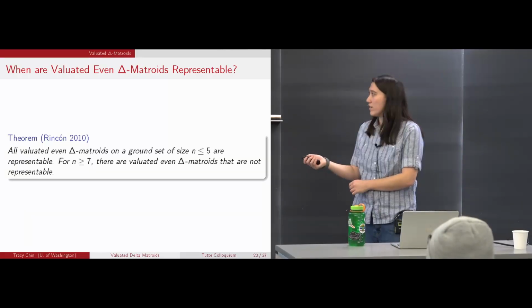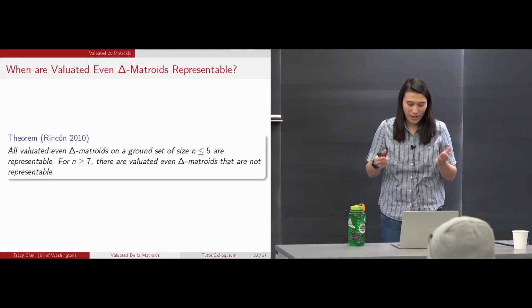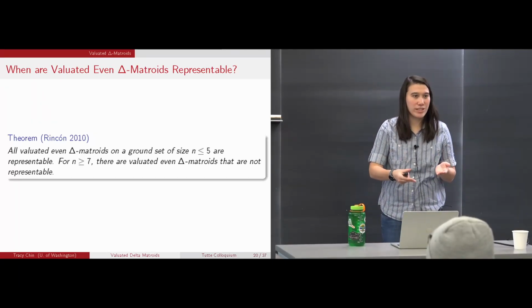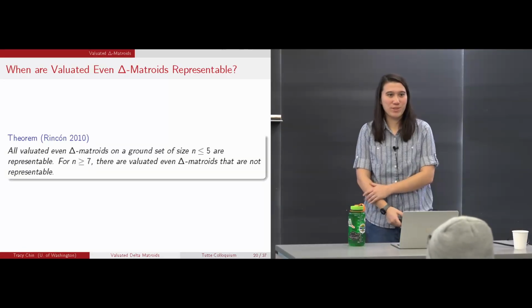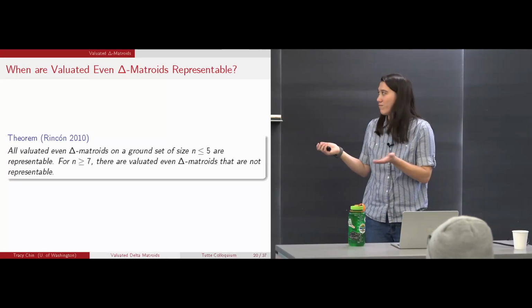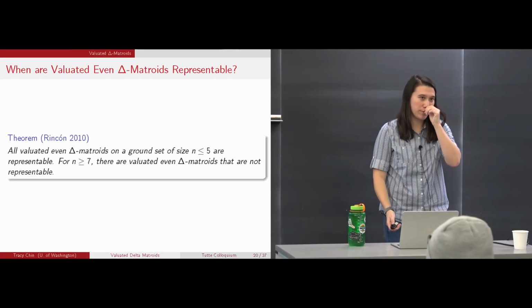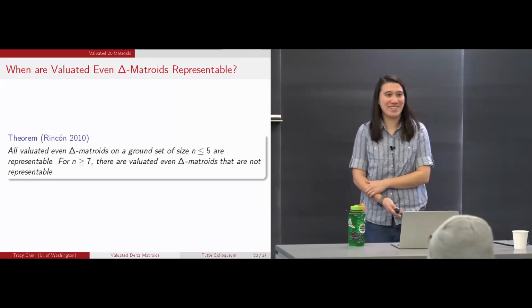For n at least 7, you start having non-representable matroids, like the Fano matroid, and then you can't represent them as delta matroids either. For n equals 6, the computation is just too big for computers, or at least computers in 2010, to finish. Maybe now we can do it.